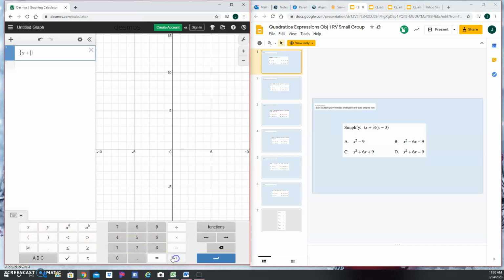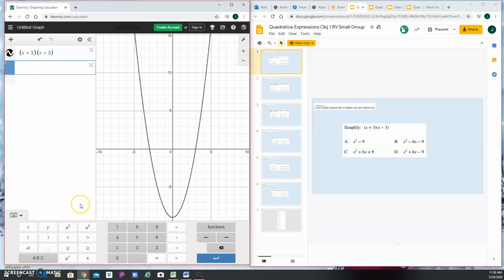you're given (x + 3)(x - 3). So this is your given expression, and you are going to find out which one is the answer to this. And so you're going to open another tab, and you will just plug in your choices.